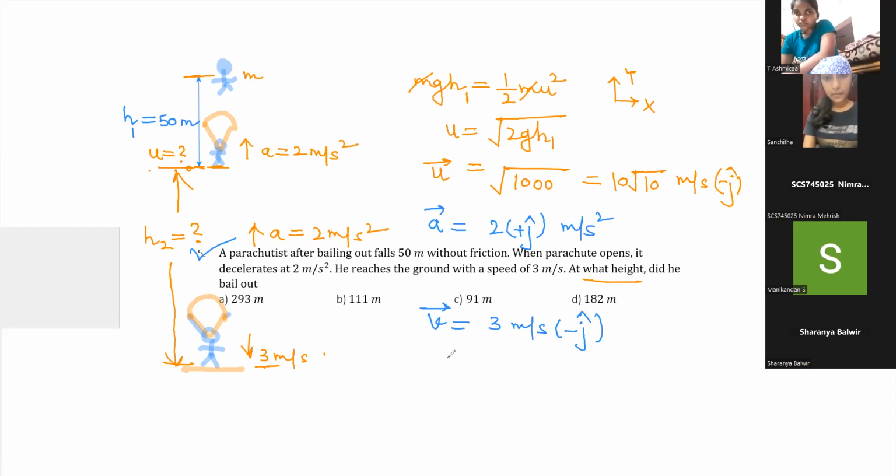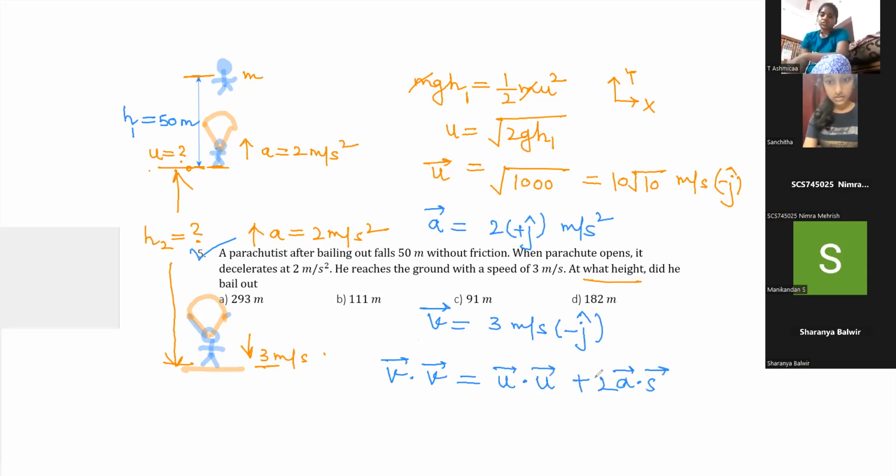So this is it. Now, how do I form the equation? Please pay attention here. We have the third equation of motion, v dot v is equal to u dot u plus 2a dot s. Now, how many of you are tempted to write this plus sign as a minus sign?